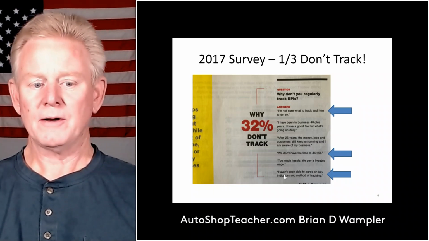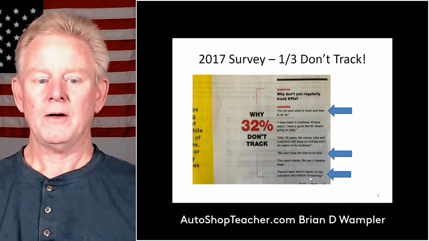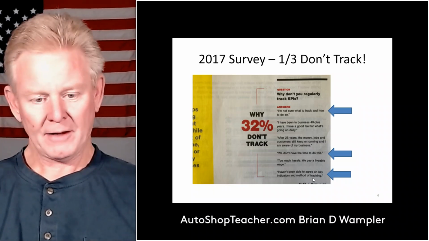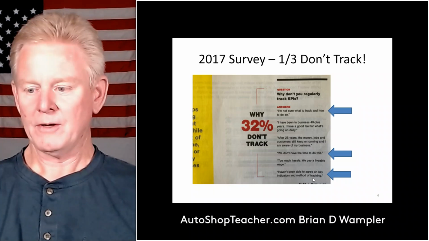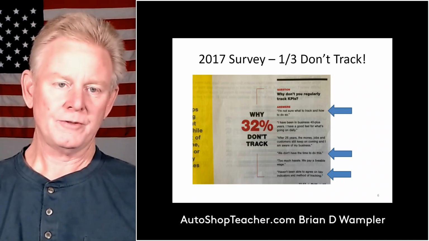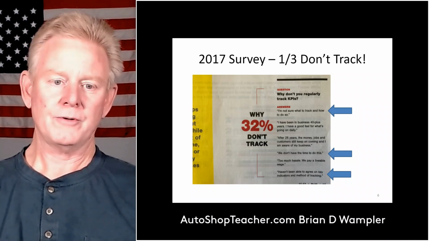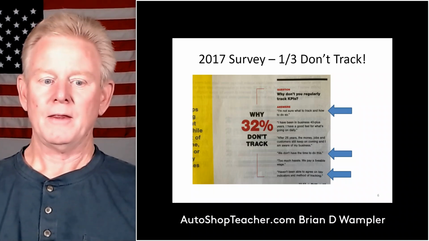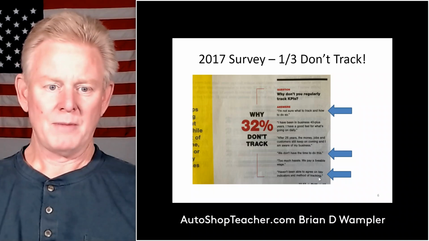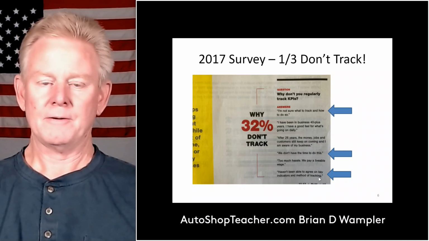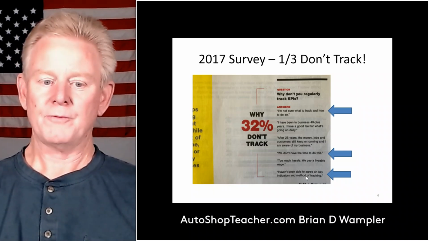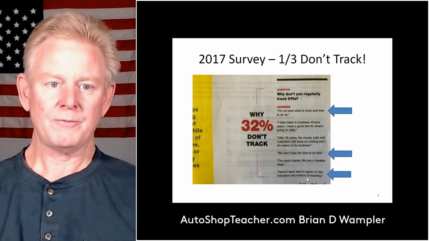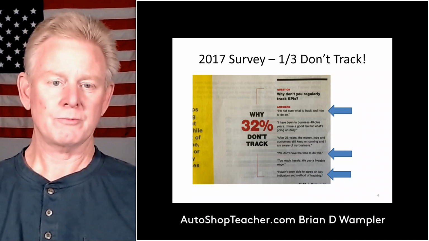The last one here, haven't been able to agree on key indicators and methods of tracking. Can't agree on the key indicators. There's got to be at least 100 automotive consultants and trainers out there like myself, and trade magazines, and this has been going on for a long time, even before computerized point-of-sale software and computer repair orders.